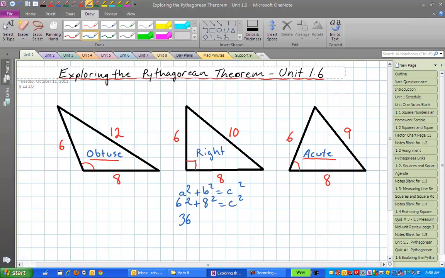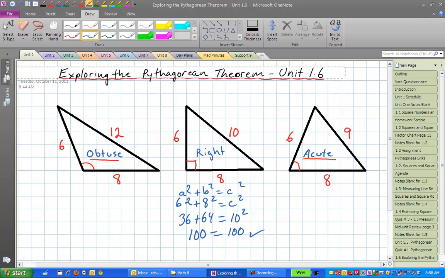So we have 36 plus 64 equals, in this case, 10 squared, which is 100. 100 equals 100. So yes, there's the Pythagorean theorem in action. a squared plus b squared does equal c squared.